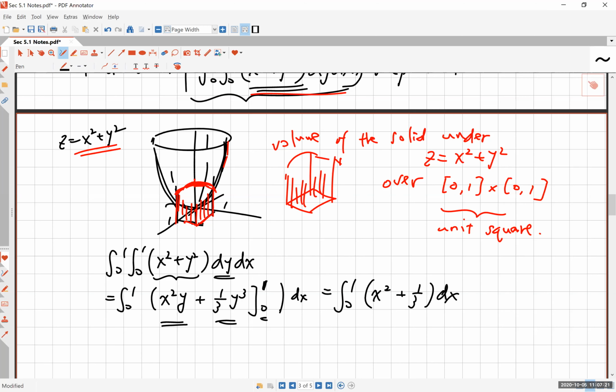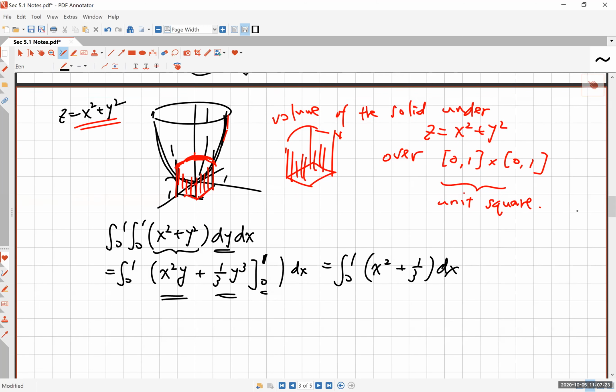And of course, when you plug in 0, they both become 0, right? And so this becomes 1/3 x cubed plus 1/3 x. And you go from 0 to 1, making sure that the derivative of this is x squared and the derivative of this is 1/3, which is exactly the case. So this is 1/3 plus 1/3, and it's 2/3.